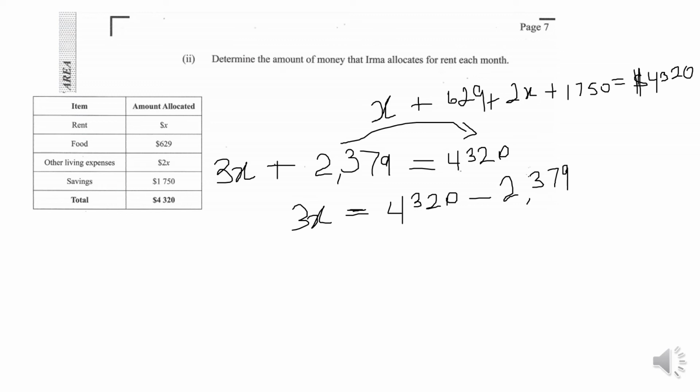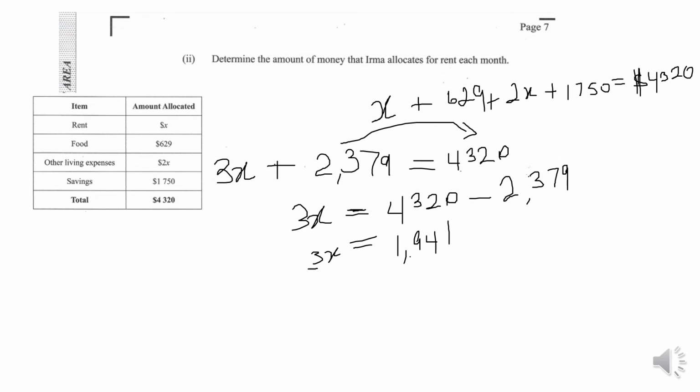So now we have 3X is equal to 4,320 subtract 2,379, which is going to give us a total of 1,941.